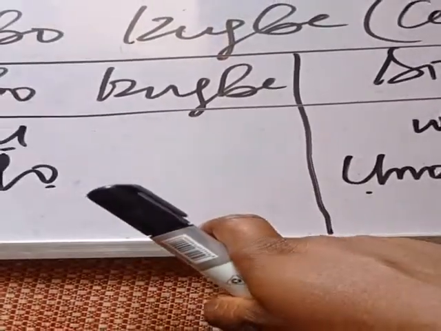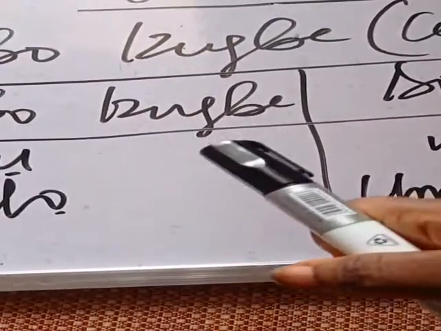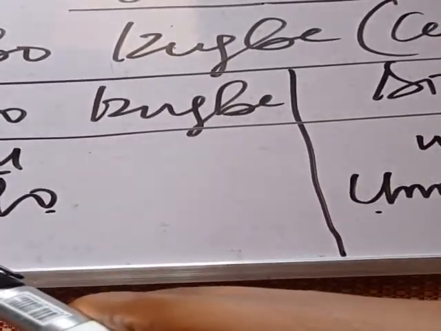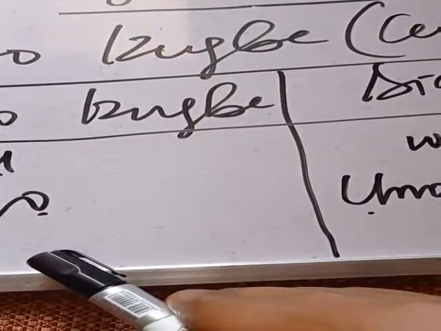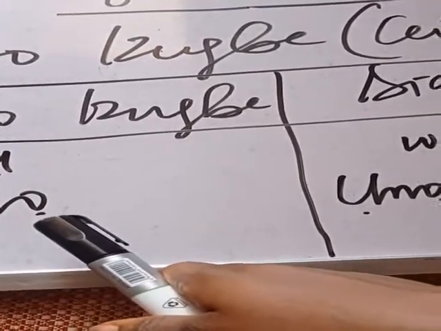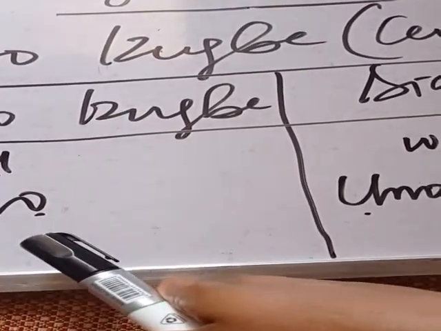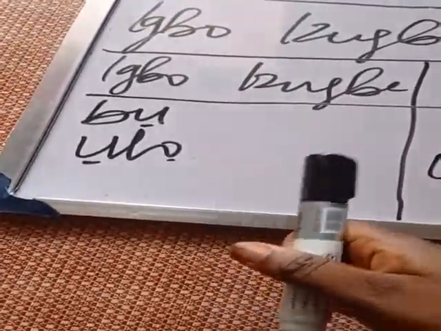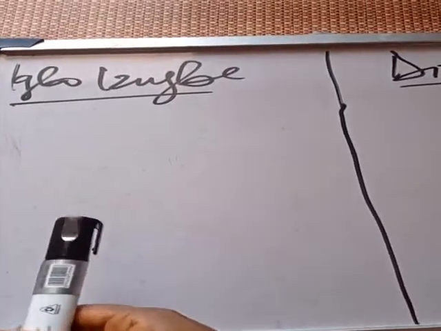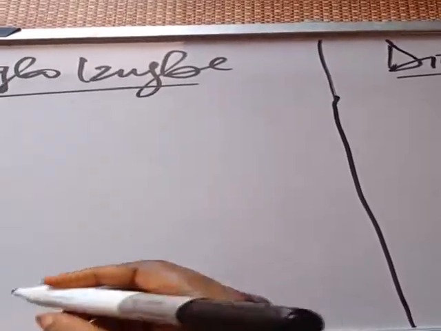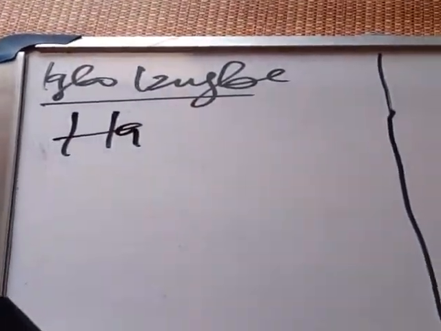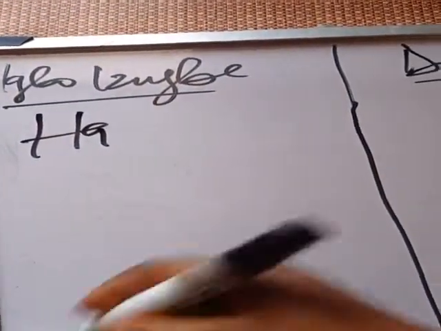You meet somebody from my area, somewhere that is not in Igbo land, and you say, oh, you want to use ulo. So it's ulo on my side. But in Igbo Izugbe you say ha, and in other dialects we say fa.